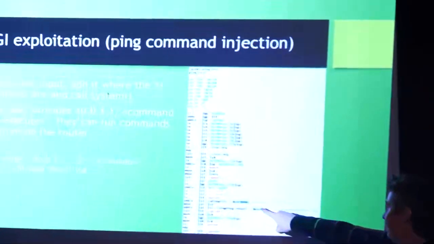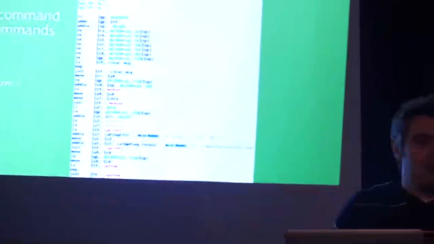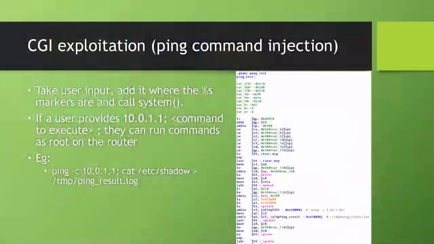And this is ping, and this is %s, and then this is a sprintf. Basically what happens here is this function takes whatever you say and concatenates it with this ping command. So of course you can chain commands using a semicolon. So if the user provides ping 10.0.1.1 semicolon run my commands, it runs your commands.